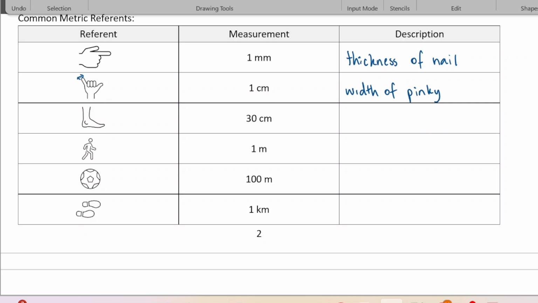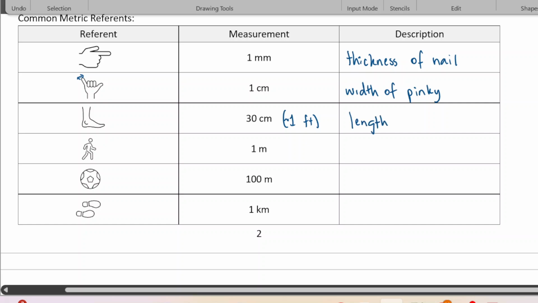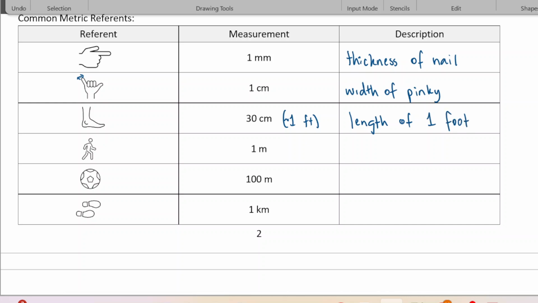To measure 30 centimeters, which is about 1 foot, if you're using imperial units, I'll put a little squiggly. It's not exactly, it's about 1 foot. Your foot, again, depends on how big your feet are. But for the average person, use your foot to measure 30 centimeters approximately. Okay, 1 meter, which is about a yard, is 1 big step.